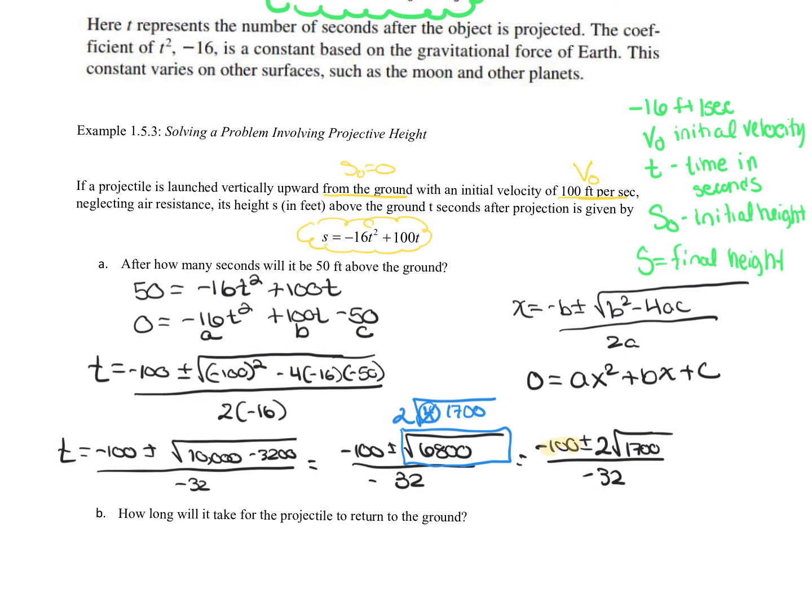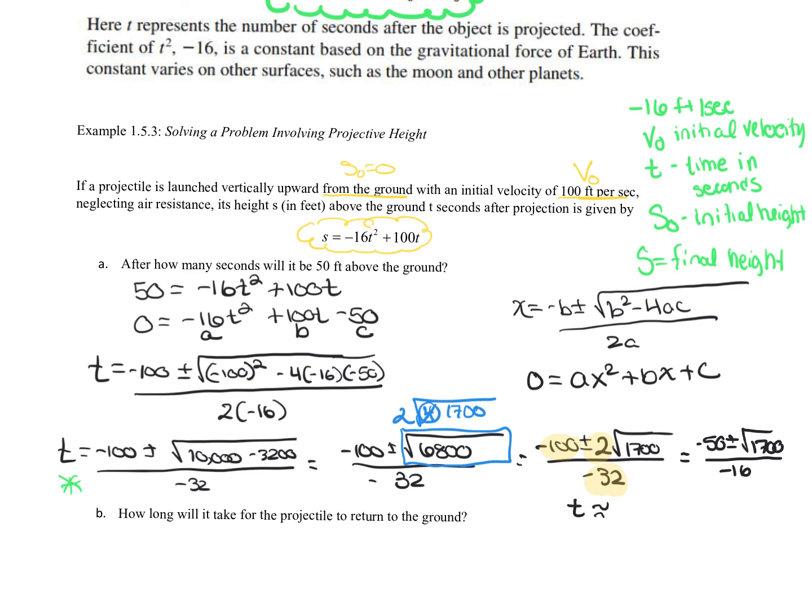And then this number and this number can all get reduced by a 2. So that gets me negative 50 plus or minus square root of 1,700 all over negative 16, which you can type in the calculator, and honestly, you could have typed it in up here at this step. Just practice reducing, never hurt anyone.